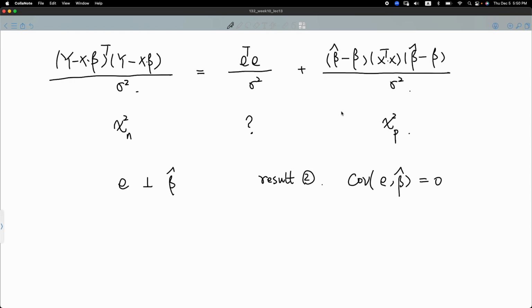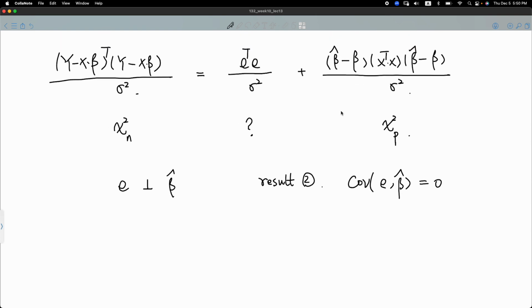So that means we are able to know that this distribution is also going to follow a chi-square distribution, because you need to take one chi-square plus another independent chi-square random variable to get another chi-square random variable.